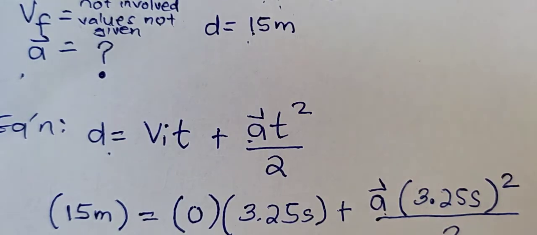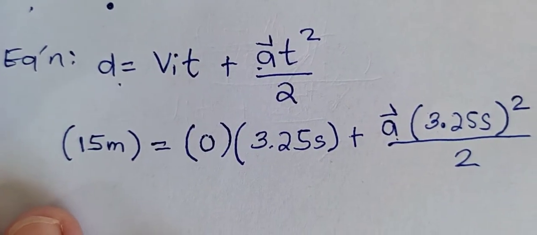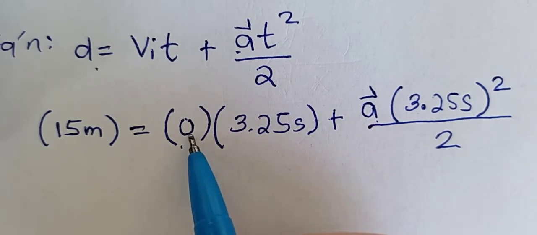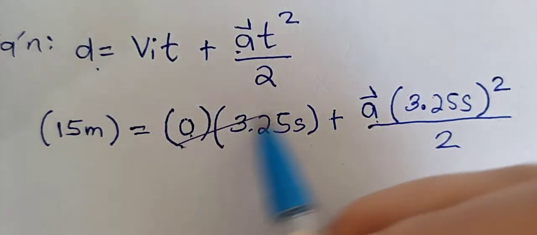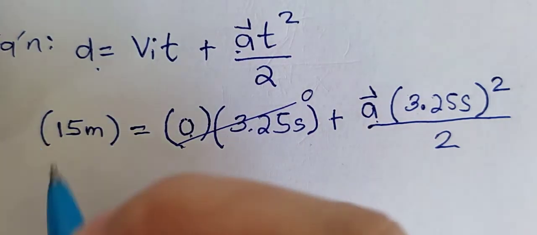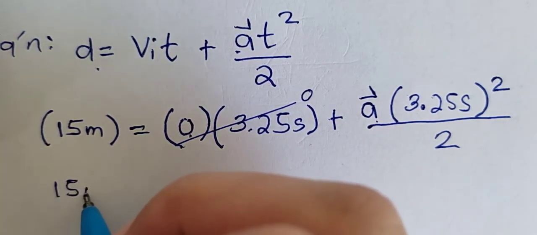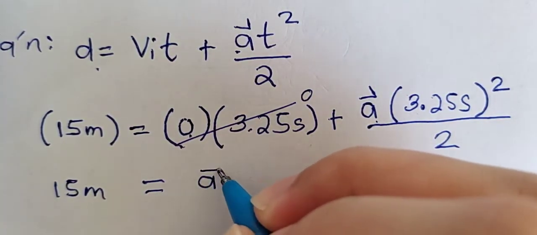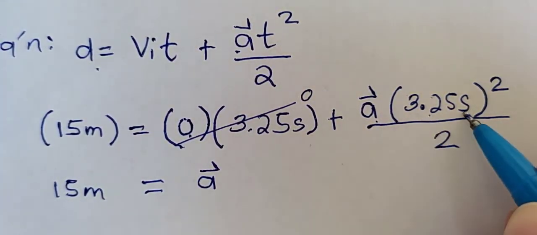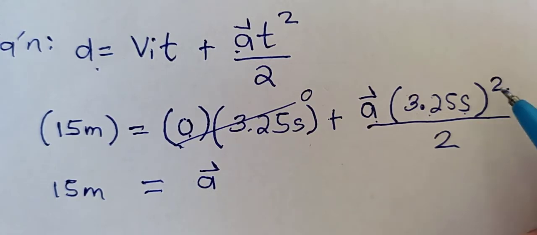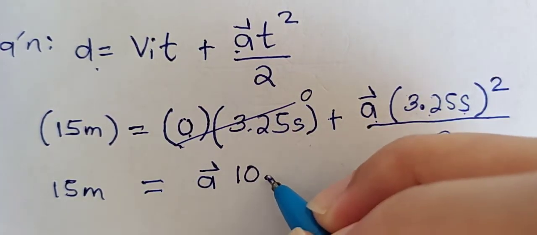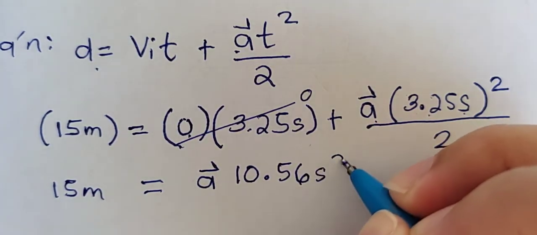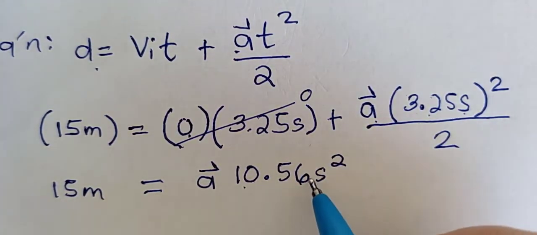Now let us simplify the equation. Anything that is multiplied by 0 is equal to 0. So 0 na yan. Copy what is left. So we have 15 meters equals acceleration times 3.25 seconds squared, which is equal to 10.56 s squared. Paano nakuha yung 10.56?